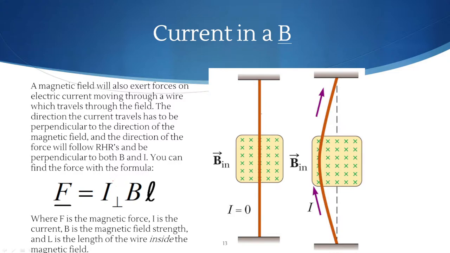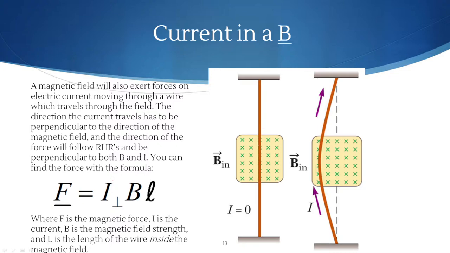And this copper wire is currently being exposed to that magnetic field. Now, by itself, nothing weird should end up happening here. But something strange does start to happen if you run electric current through that wire.